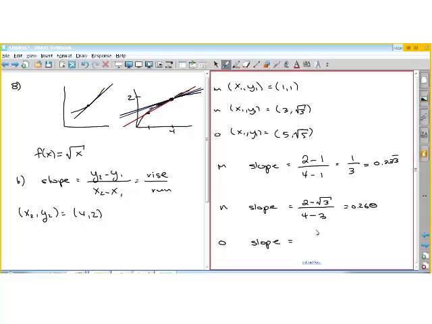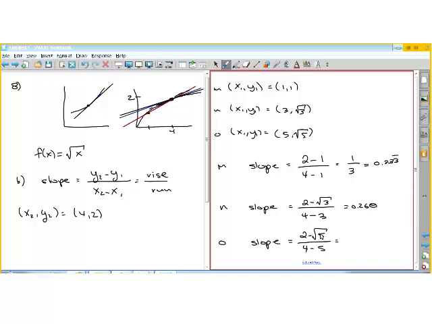And the slope, in this case, okay, so we have y2, 2 minus square root of 5, which is y1, x2, which is 4, minus x1, which is 5. So these both are going to be negative.